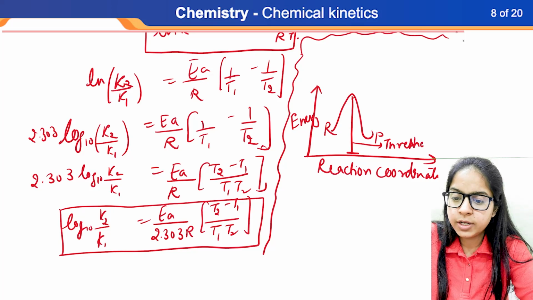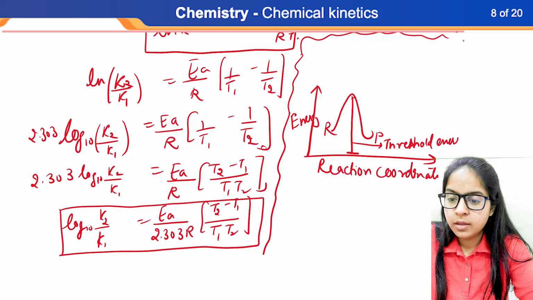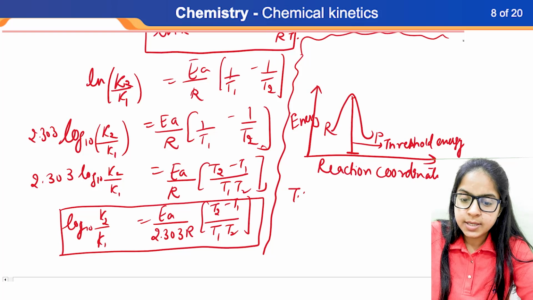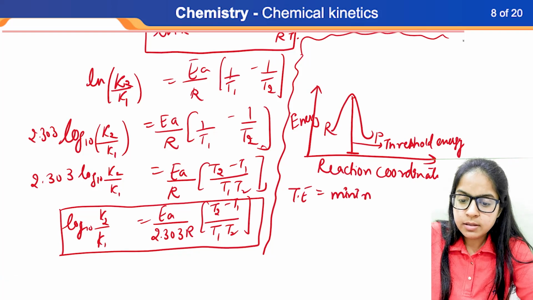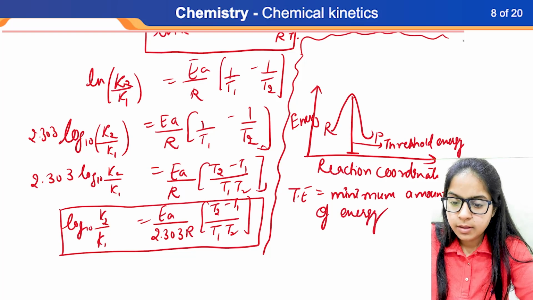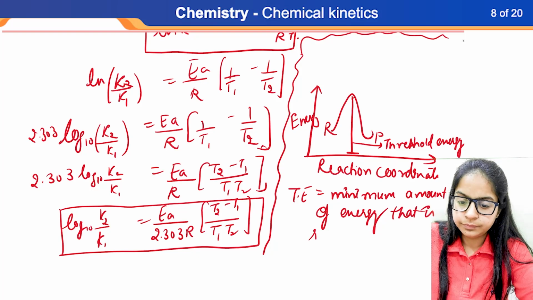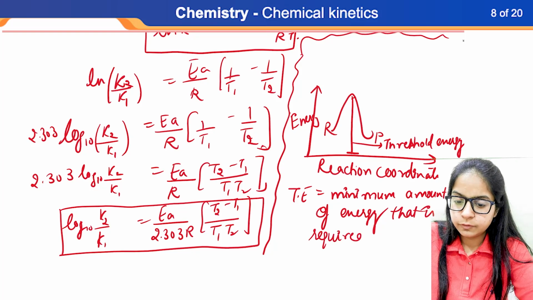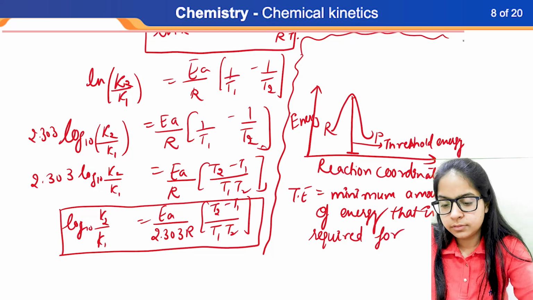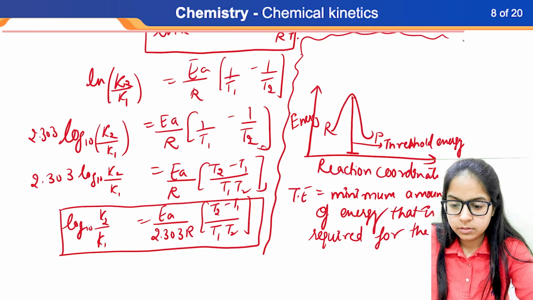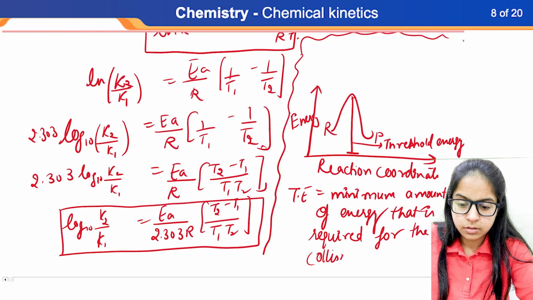What is the meaning of threshold energy? Threshold energy is the minimum amount of energy that is required for the collision to occur.